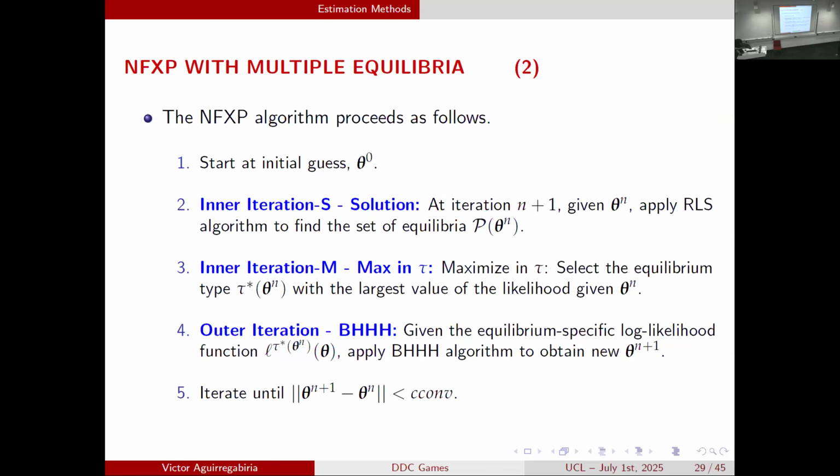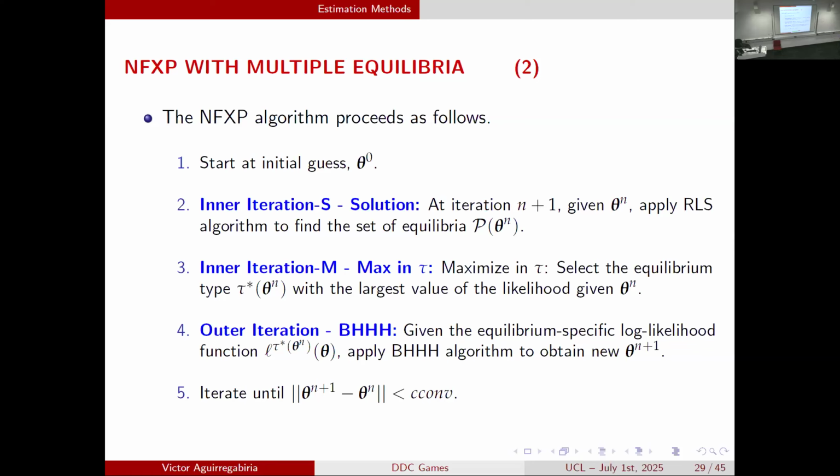Then in this case, the nested fixed point algorithm, or a particular implementation where you will learn much more sophisticated methods with Bertel and Fedor about this. But let me suggest here a version of the nested fixed point algorithm with multiple equilibria.